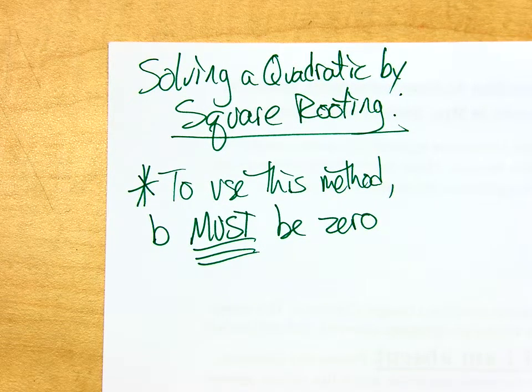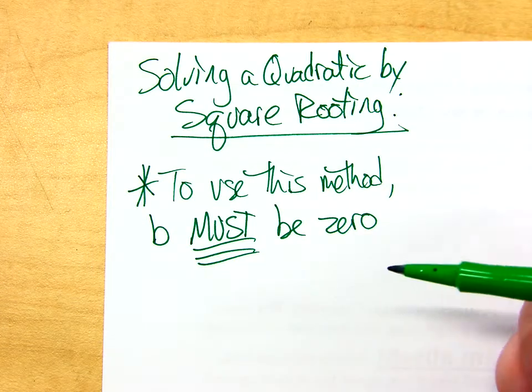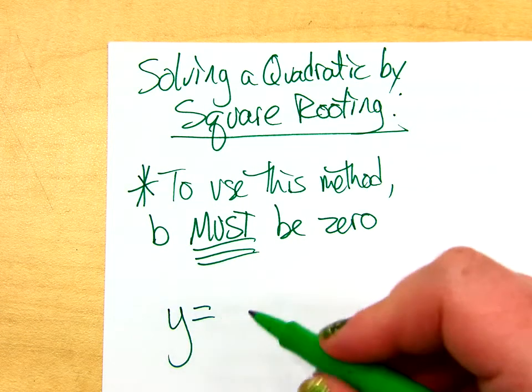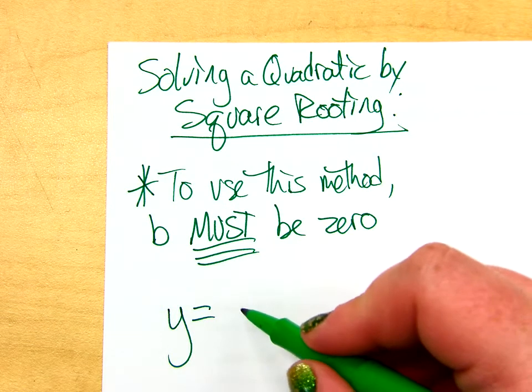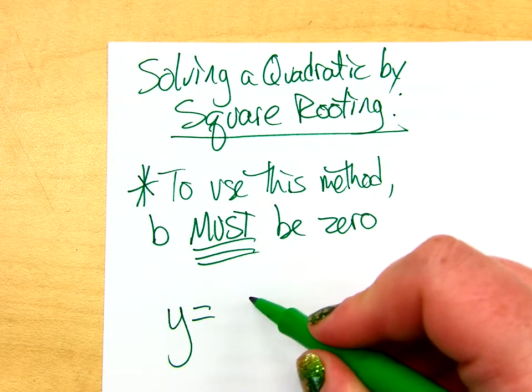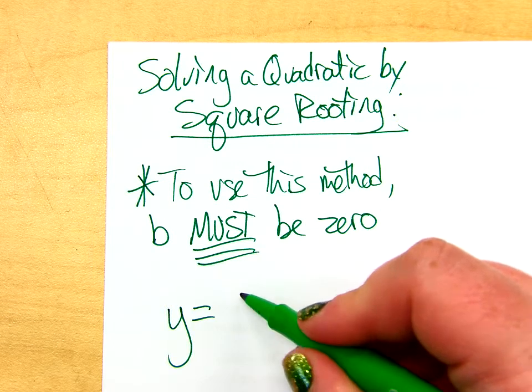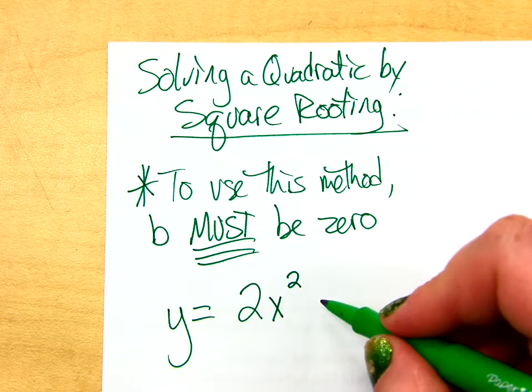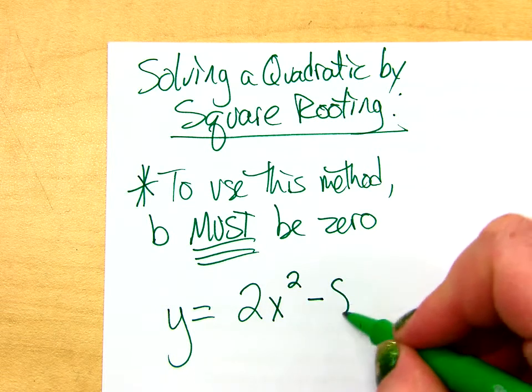So for example, the other thing is, remember, these are now going to be graphable equations. So I'm going to have y equals something, usually. So let's say I had y equals, let's just do something easy, 2x squared minus 8.